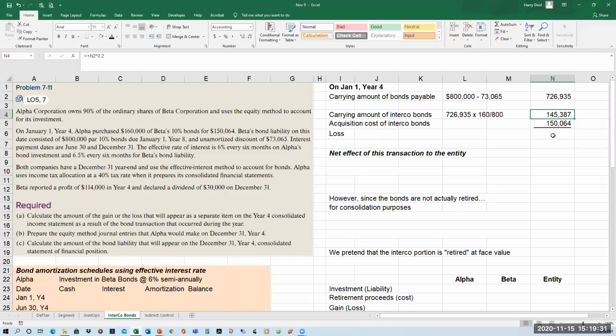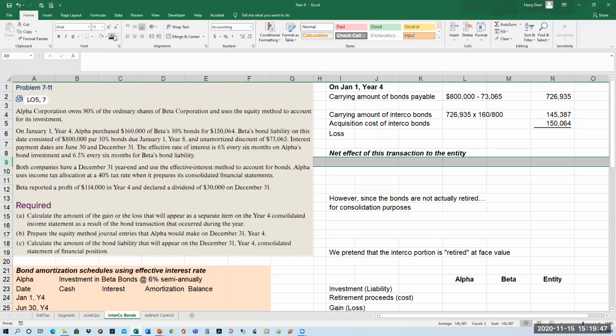So a way of thinking about this transaction is that, if the parent company and the subsidiary, at least from a consolidation perspective, are indistinguishable, it really does amount to a retirement of bonds, so that as far as the entity is concerned, the entity has bought back bonds.